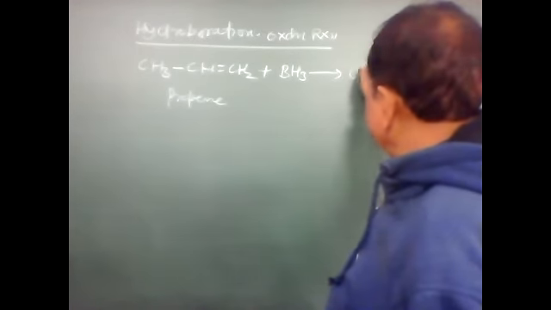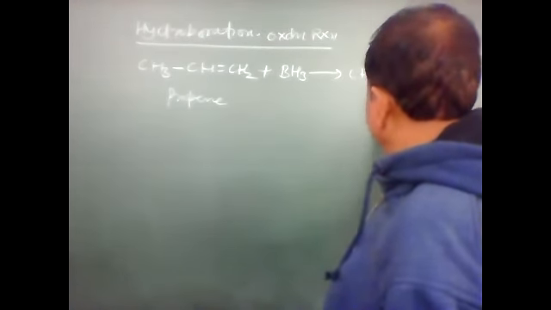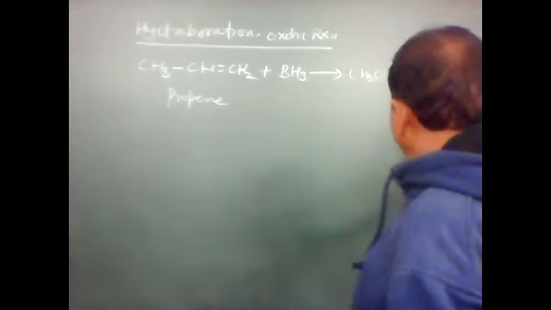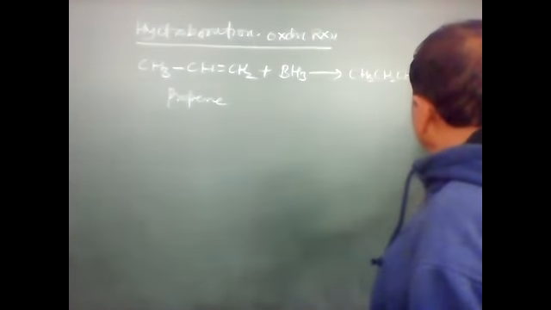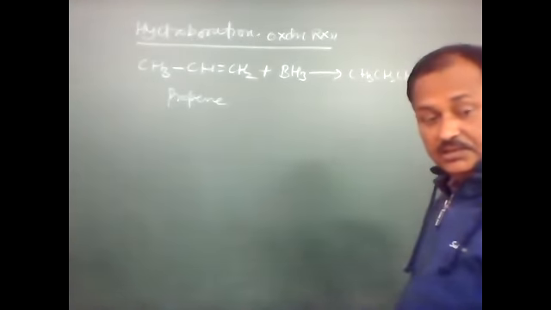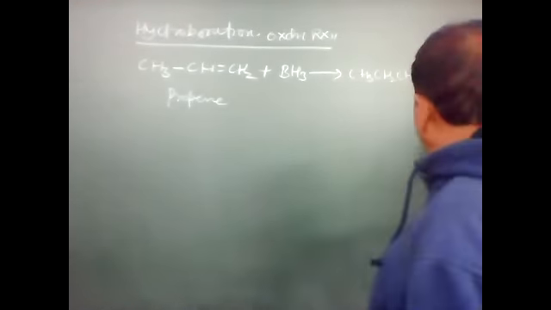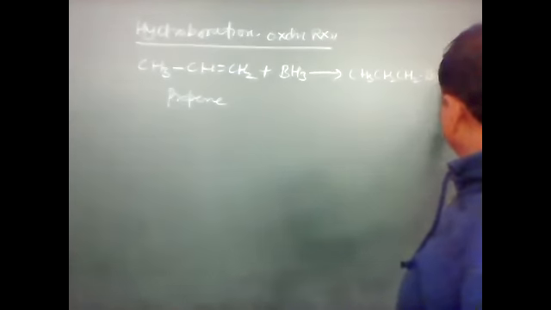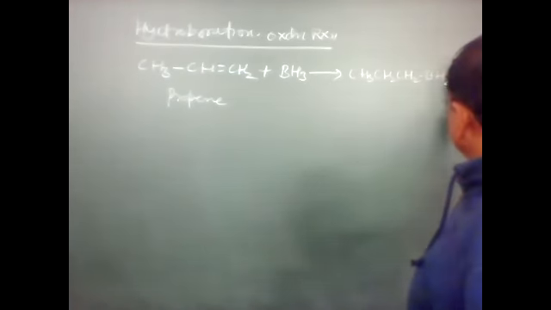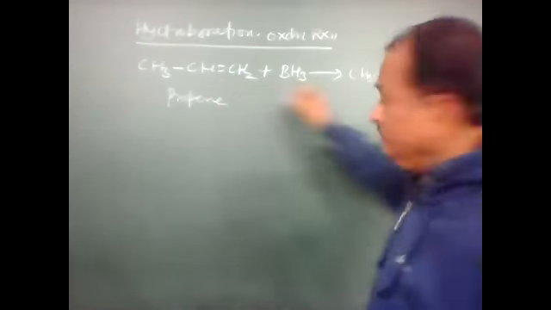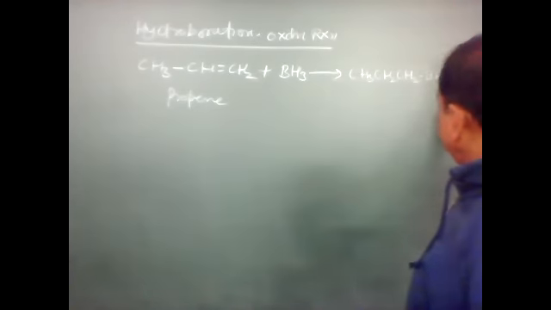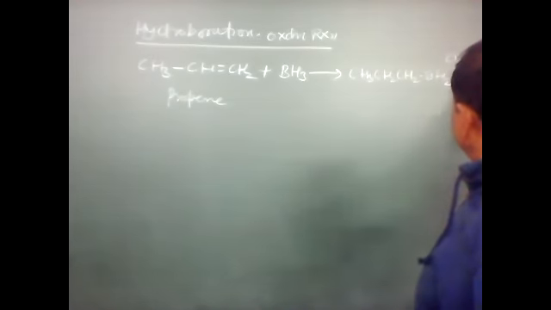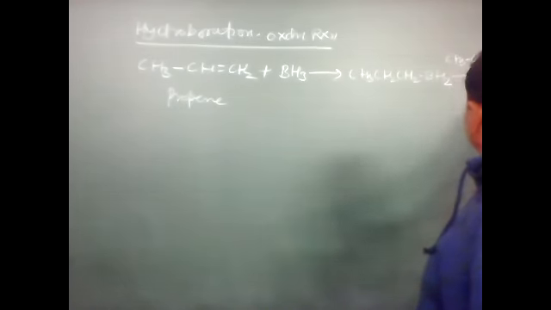and there is formation of this CH3CH2CH2BH2, monopropyl borane. Now here, this is the first molecule. Now this second molecule of propene, CH3CH2CH2.